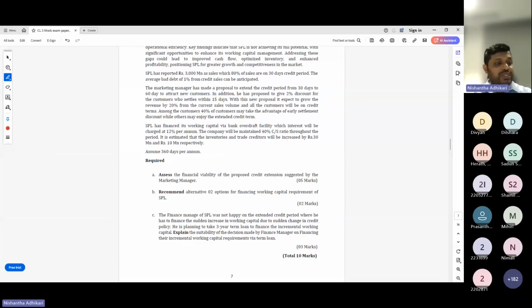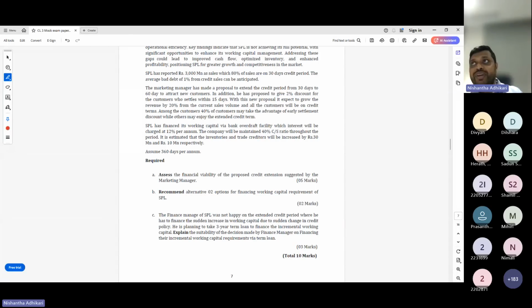If you finance working capital, you can divide it into two: permanent current asset and fluctuating current asset. When we maintain a specific inventory level, that is a permanent inventory level, permanent stock level, or permanent current asset. But due to seasonal variance, the debtor balance can fluctuate. The inventory, you will maintain a buffer stock.